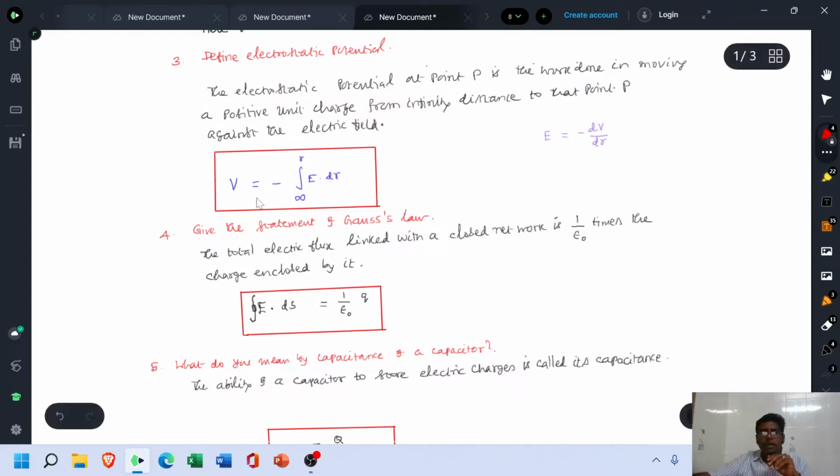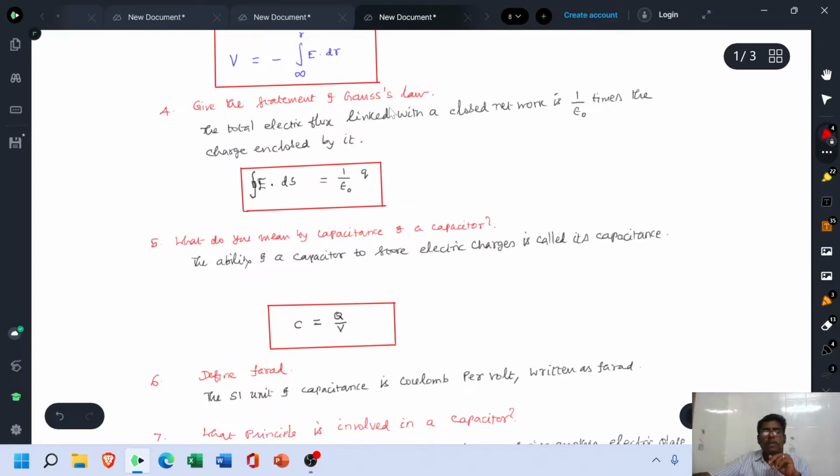So we may write V equal to minus integral from infinity to r of E dot dr. The electrostatic potential at point P is the work done in moving a unit positive charge from infinite distance to that point P against the electric field.